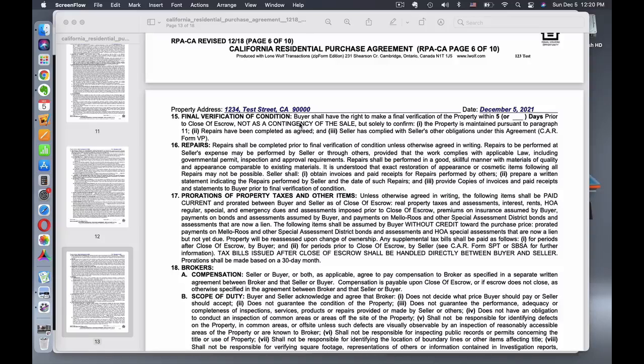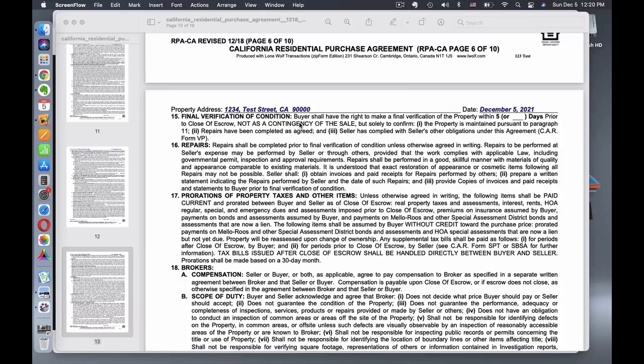Then repairs, just so you know, seller's not obligated to do any repairs to their property. This is a negotiation standpoint. So if we do investigations or we see something on our own or we have an inspector call something out, you can ask the seller for the repairs and we have a form and a process to go through that, but it doesn't mean that we get repairs.